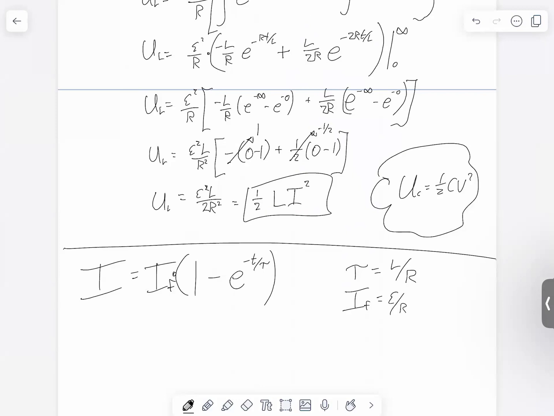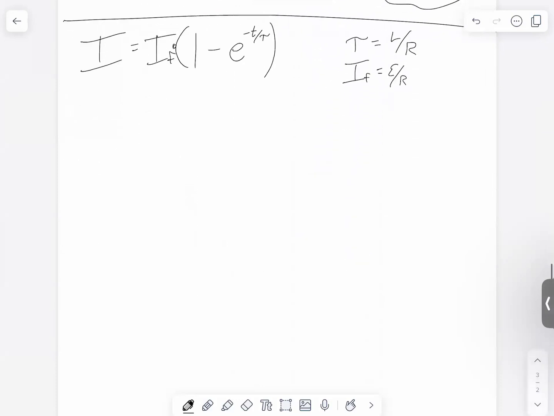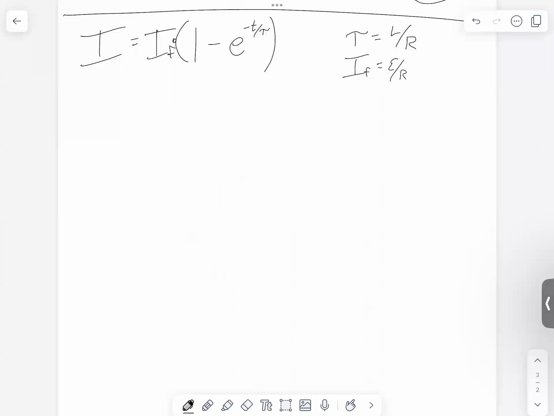Are you guys comfortable with me giving names to terms to make the equation less messy? I'm just pulling constants together. Okay, anyway. The energy dissipated by the resistor is the current times R, integrated up.